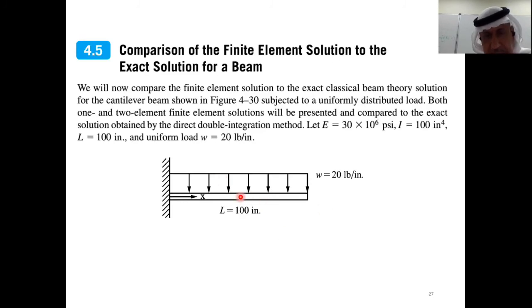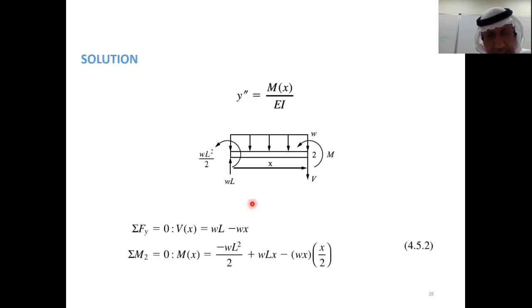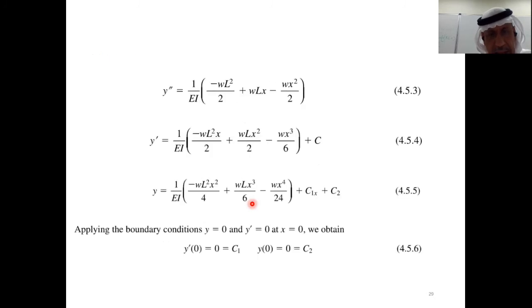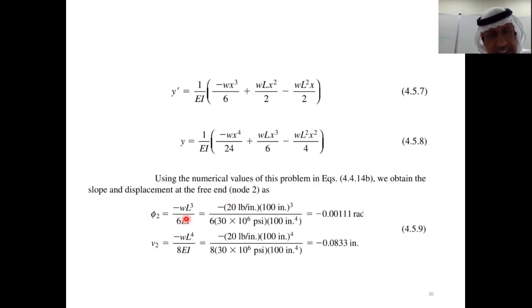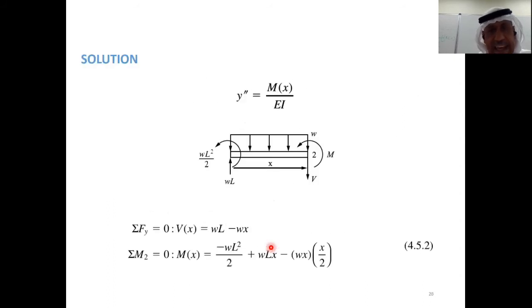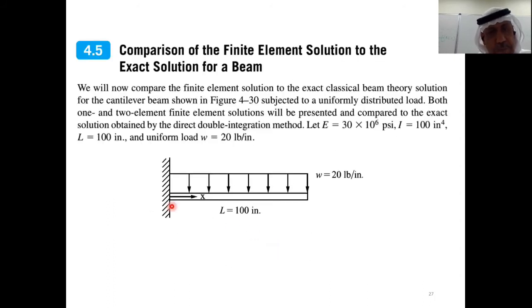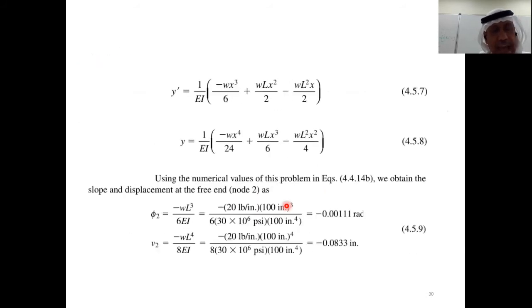Look at the center here. We use this as two elements, okay? So this is the free end because the length here is 100. So when you put L equal to 100, you get the deflection and the slope at the free end.